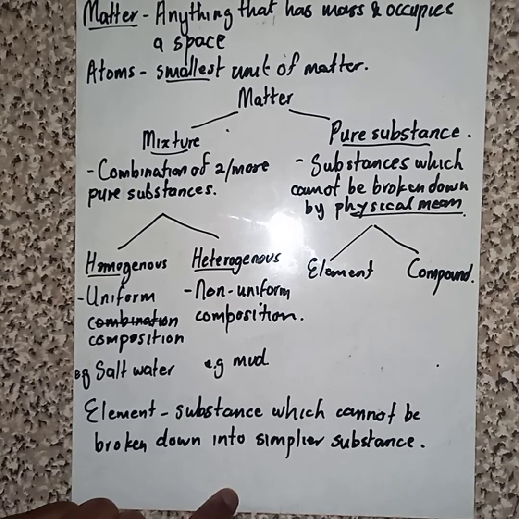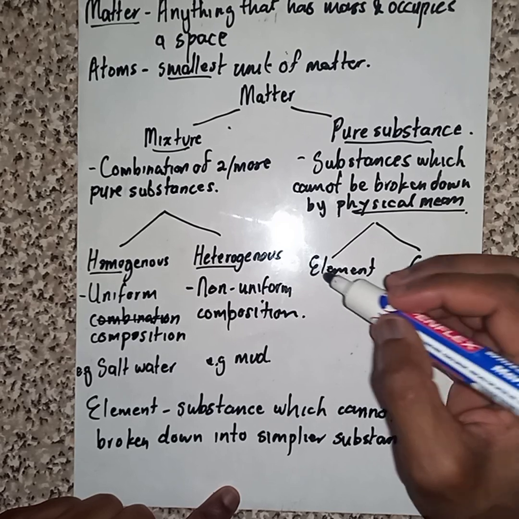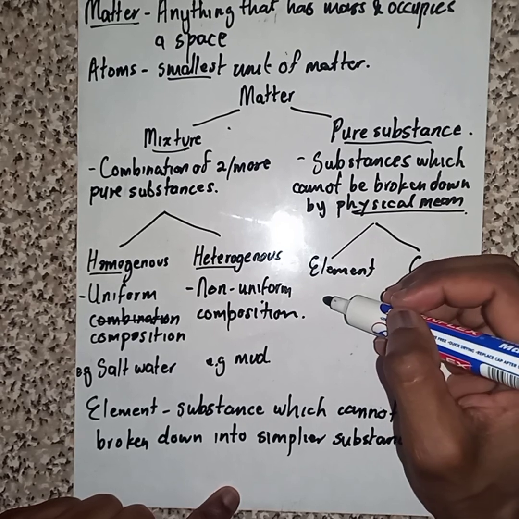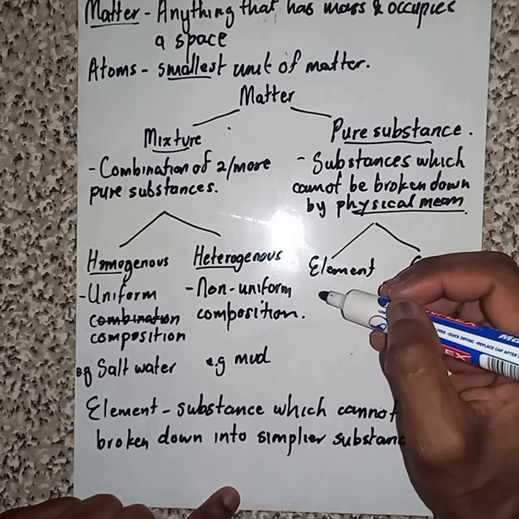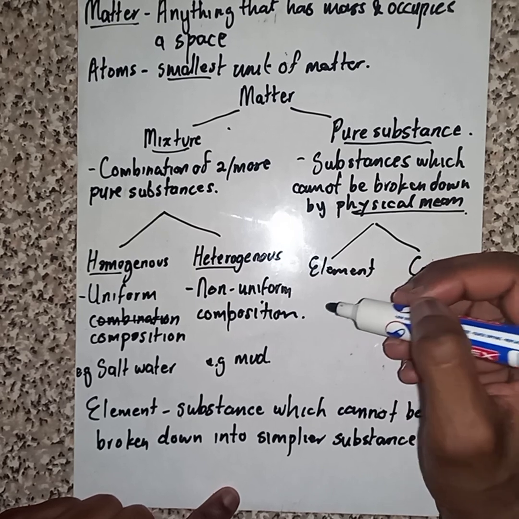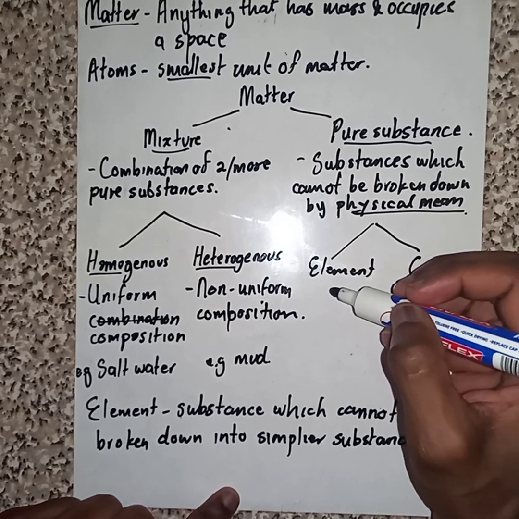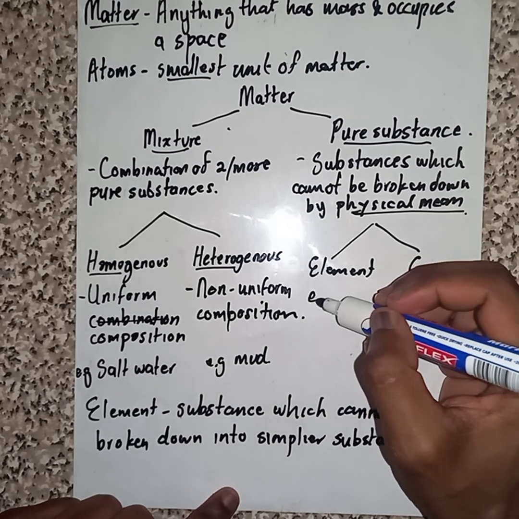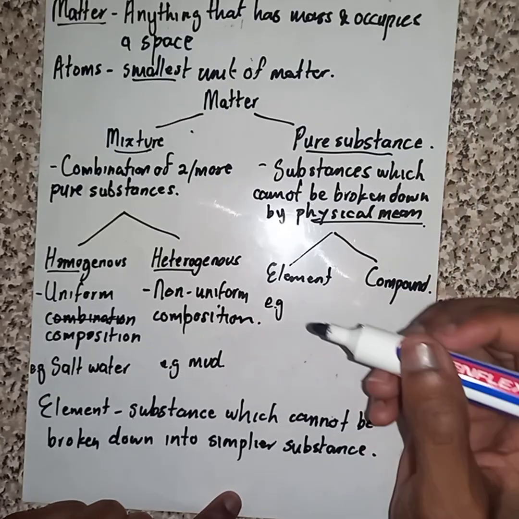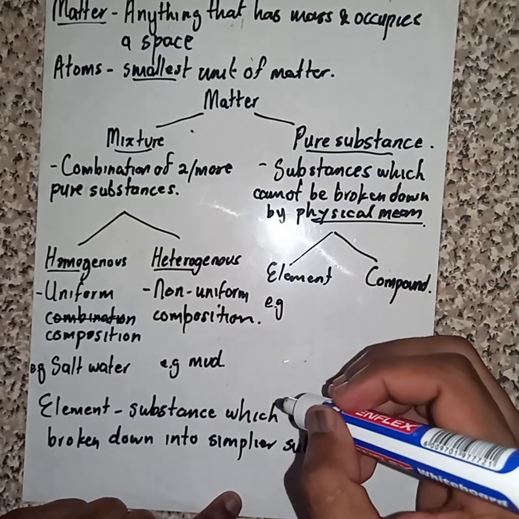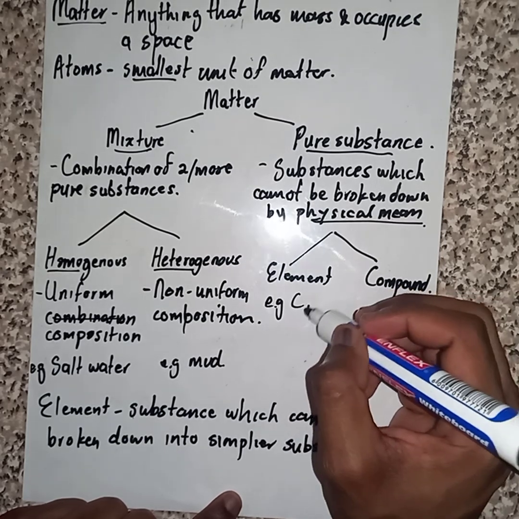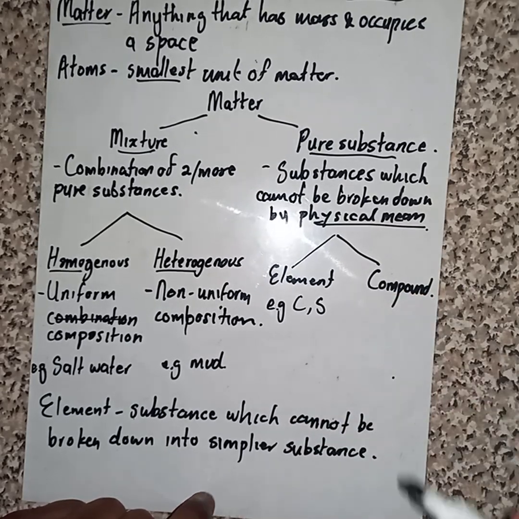Examples of elements are hydrogen, helium, carbon, oxygen, and sulfur. There are so many.